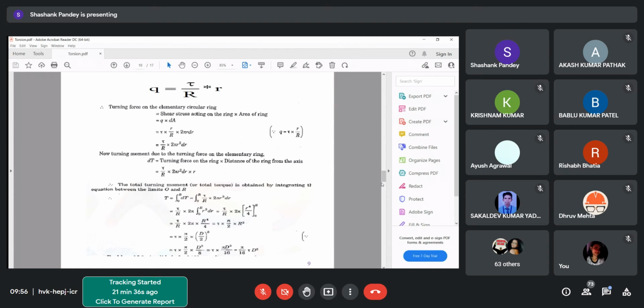Okay, and what could be another advantage of using a hollow circular shaft in comparison to a solid circular shaft? Lightweight. Lightweight, correct. But from an economy point of view? Cheaper, less material, less cost. Less material use, okay, it will be cost saving for an industry.